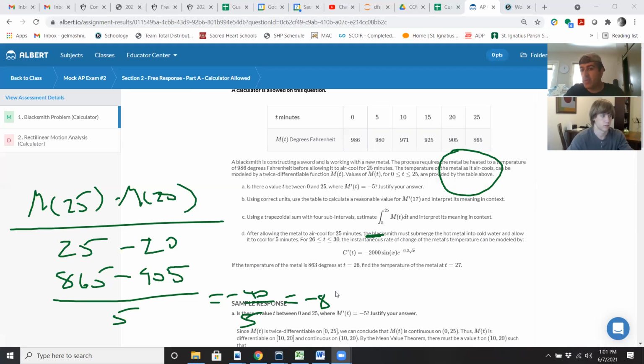But notice my initial instinct was mean value theorem and finding average rates of change, because I wasn't finding it easily. So then I realized I could do an IVT for derivatives, which means intermediate value.